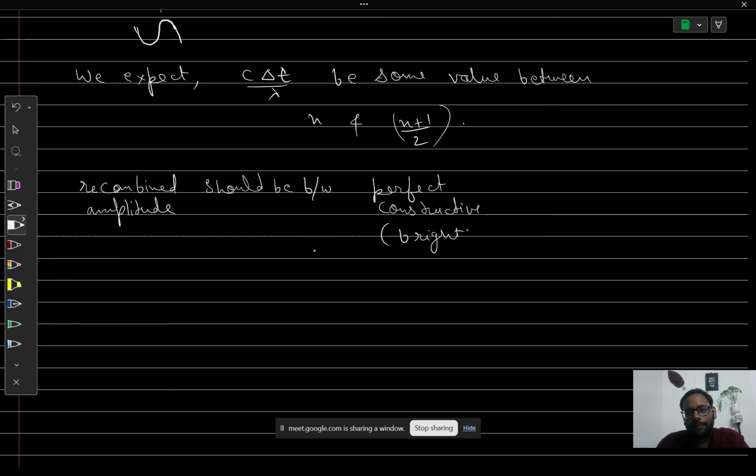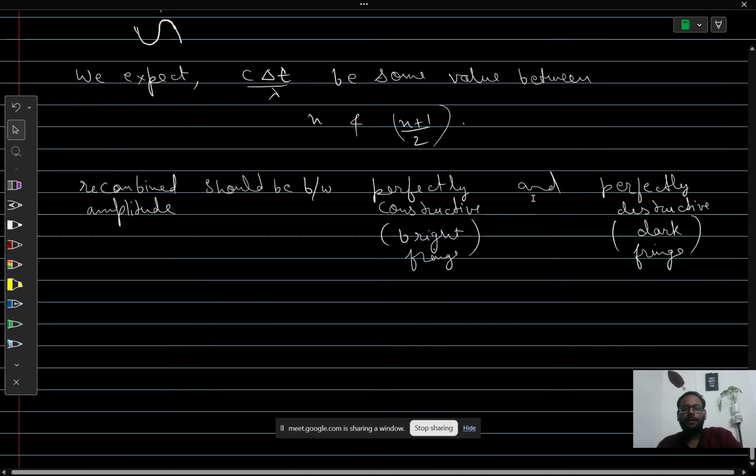There we will see a bright fringe. And perfectly destructive, there we will see a dark fringe.